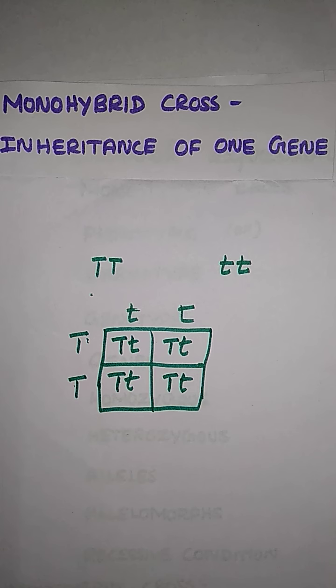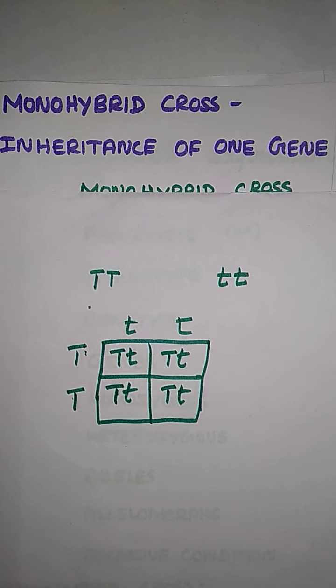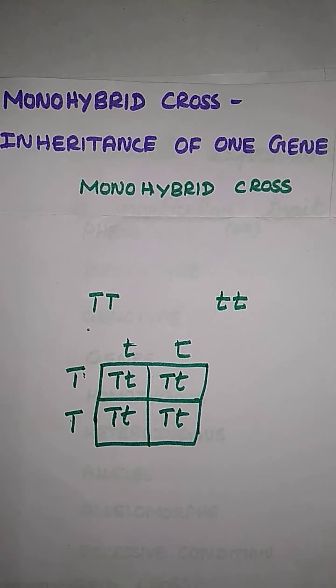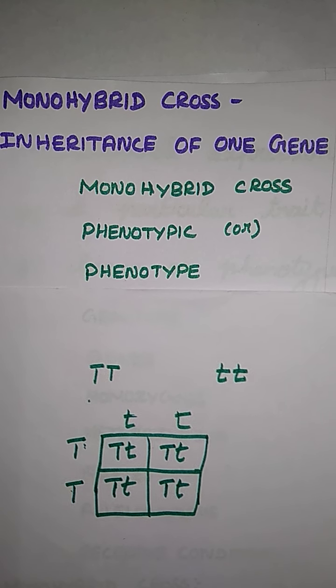Then the important keywords present in this topic. First one is the monohybrid. We already said what a monohybrid is, the topic itself. The next one is phenotypic or phenotype.